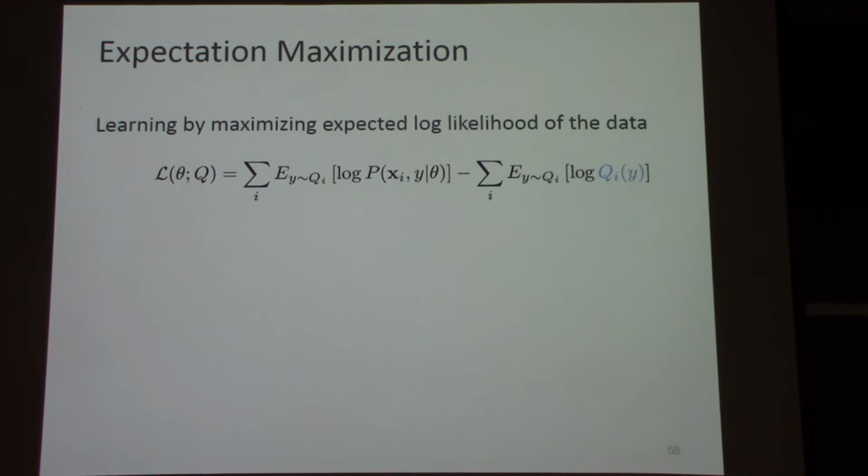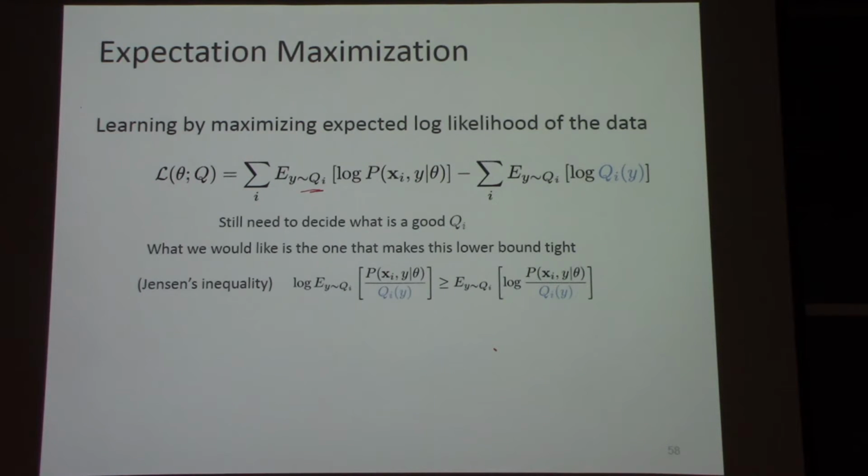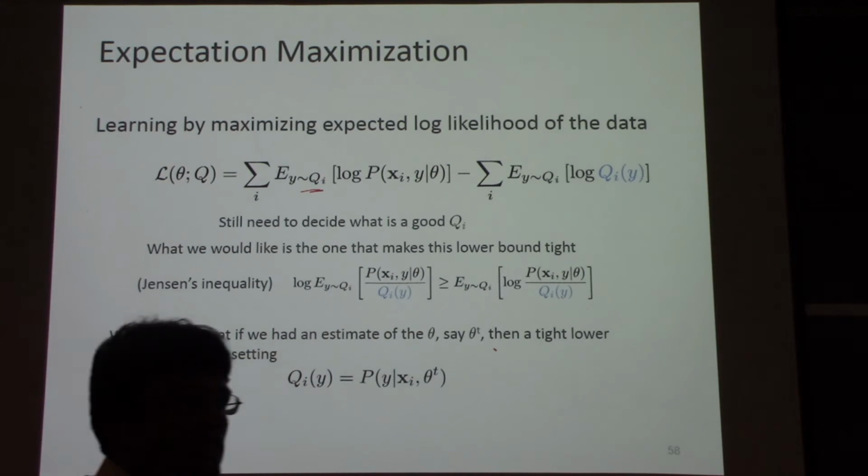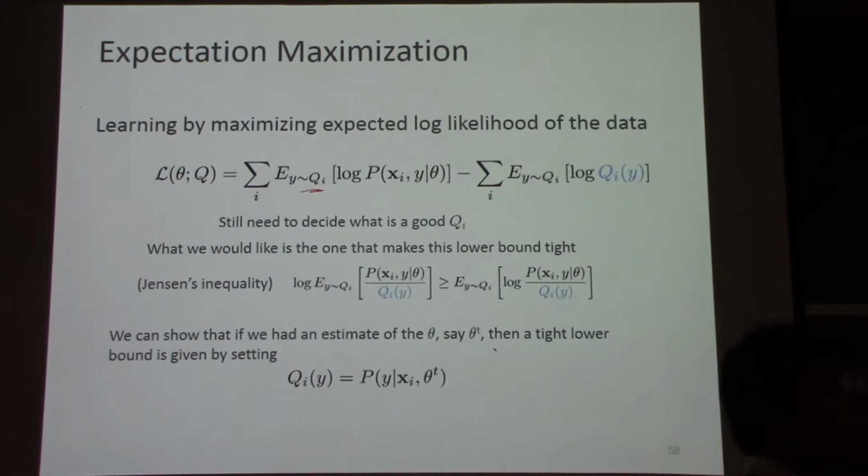This is true for all choices of Q. We still need to figure out what's a good choice of Q, and it turns out, and I have details in there if you're interested, that one of the best choices of Q is to simply pretend that the previous parameters that we have, the previous probabilities that we have, are the true model.